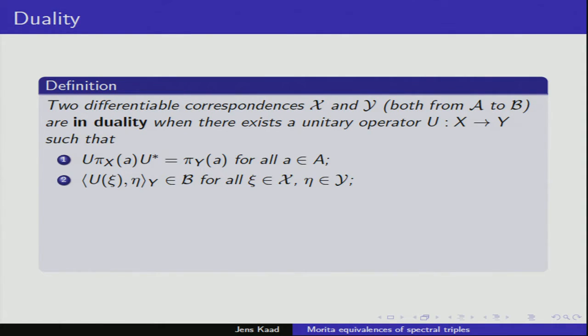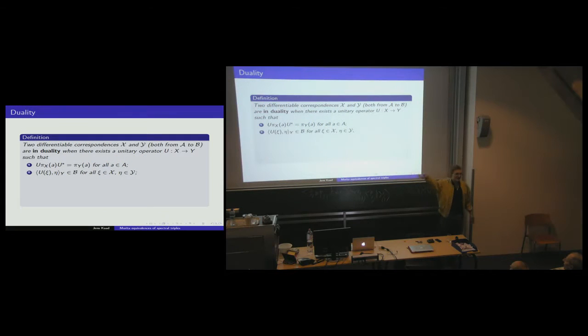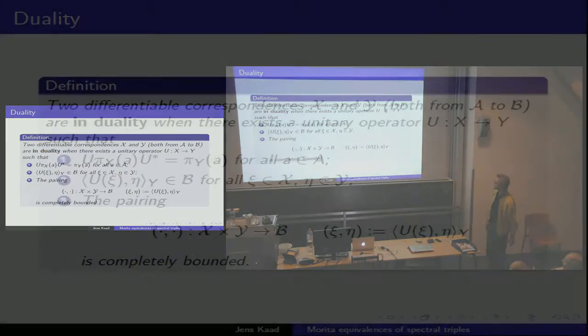So now I can take an element inside my differentiable correspondence X, and I can apply my unitary operator to it because X sits densely inside capital X. Then I can look at the inner product with eta, where eta sits inside the differentiable correspondence Y. A priori, this only lies in capital B because it's the inner product on the C-star correspondence, capital Y. But I want it to lie in the operator algebra B. So a little bit finer.